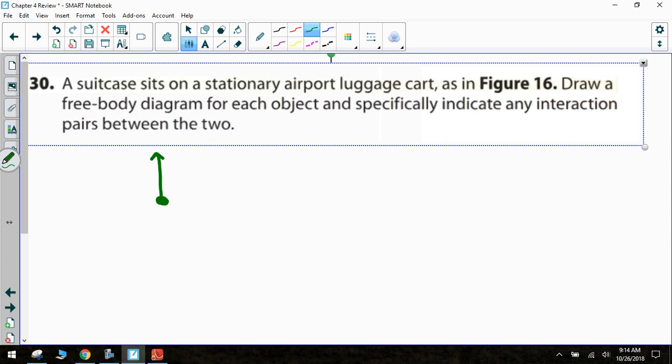The cart is touching the case and pushing it up, right? So we call that the force of the cart on the case. And then going down, what do we have?